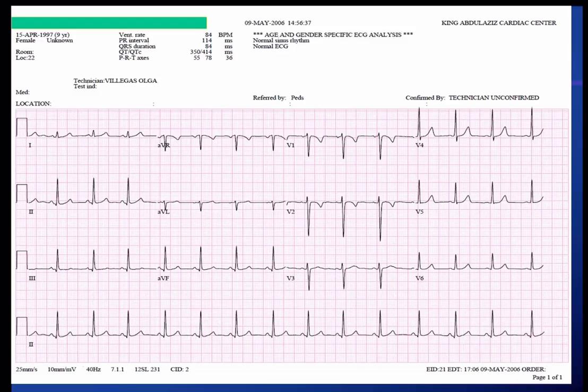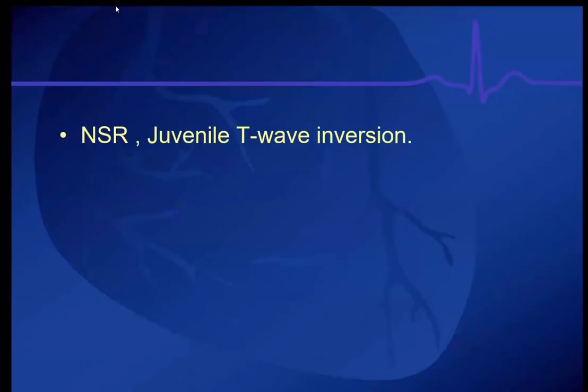The QRS is normal, but we find there is abnormal T wave inversion in V2 and in V1. But remember, this is a child who is only 9 years old. It is expected in children and young teenagers to have T wave inversion, and this is called juvenile T wave inversion, and it does not point to any abnormality.